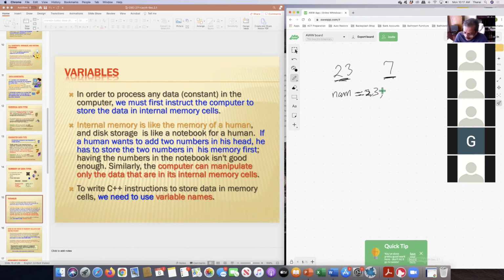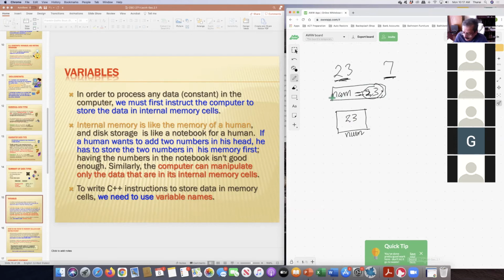It means find the next available memory cell and name it as num. So it'll find the memory cell. I'm using this box to identify memory cell. It'll name it as num. And then it also says store 23 in it. So it'll store 23 in it. All that is said in this statement.